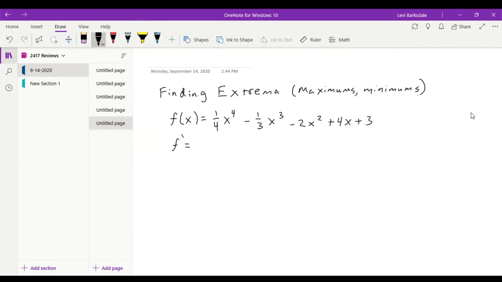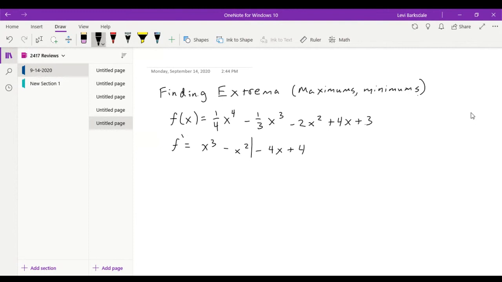Then our first derivative, f prime, should be equal to x cubed, since the derivative of 1/4 x to the fourth is just x cubed. The derivative of negative 1/3 x cubed is just negative x squared. Then minus 4x plus 4. And if we wanted to factor this, we can actually factor by grouping.